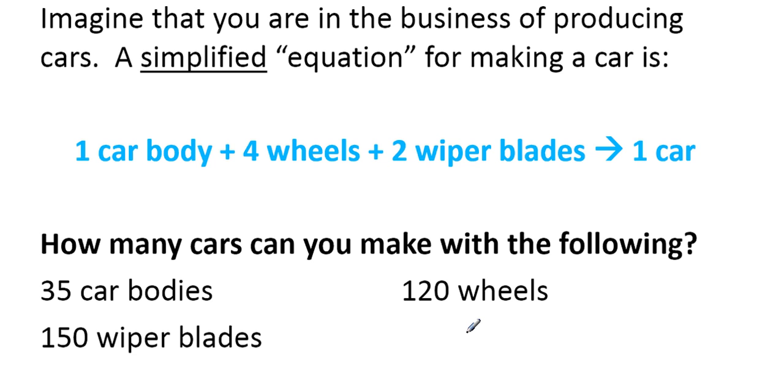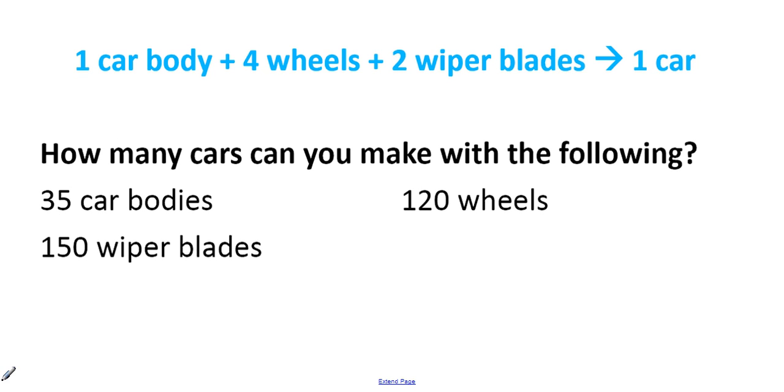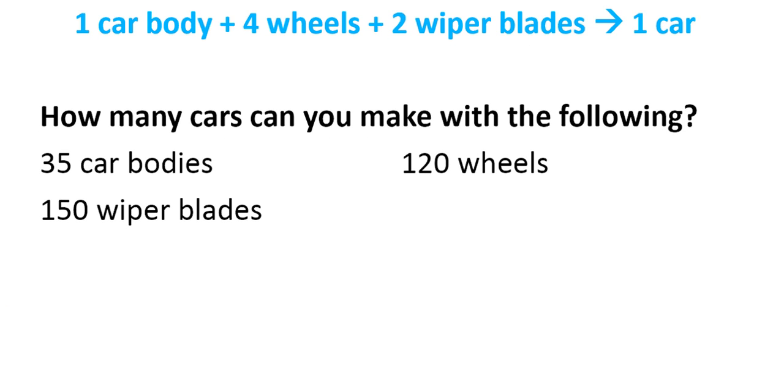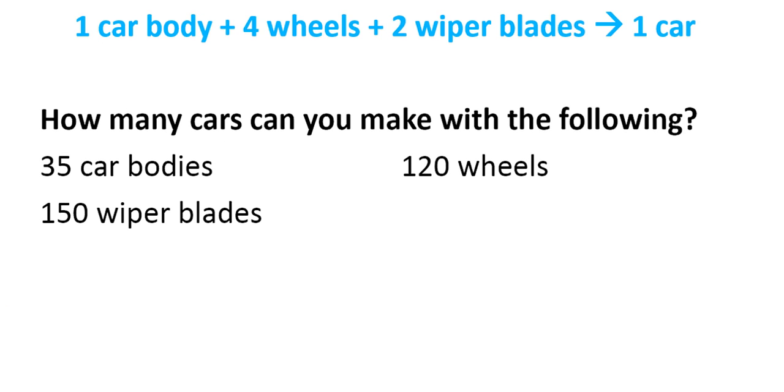So take a minute, think about that, pause the video if you need to, and then we're going to check our answers here. Okay. So hopefully you've had a moment to think about how many cars you can make with the following parts. So now let's analyze one at a time.